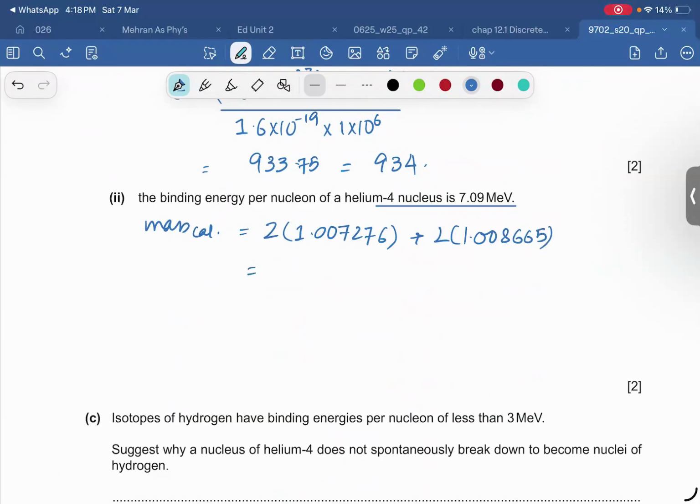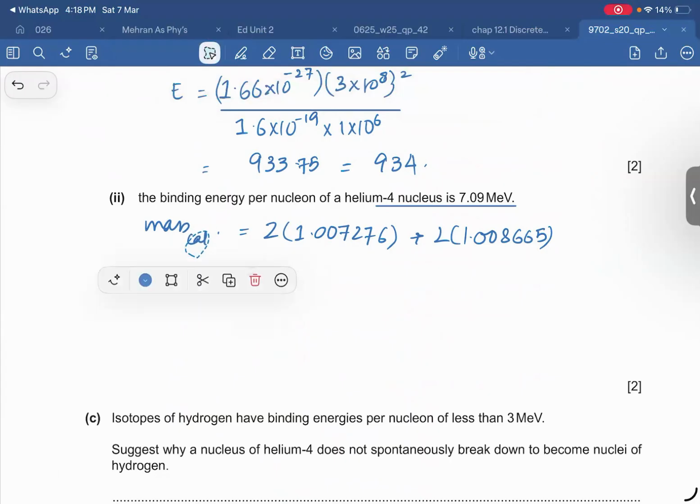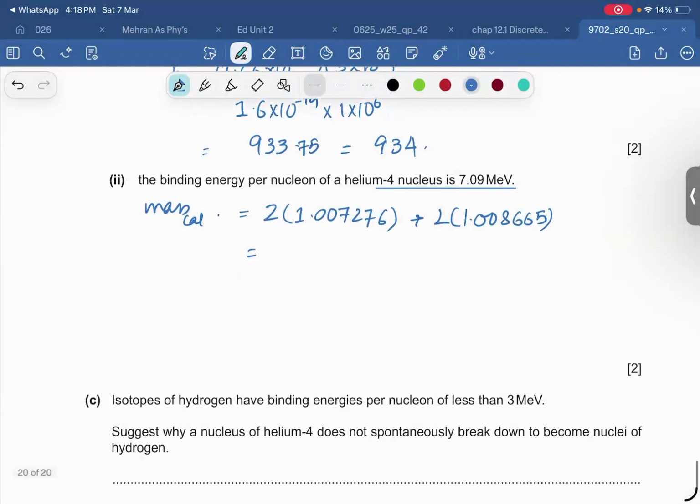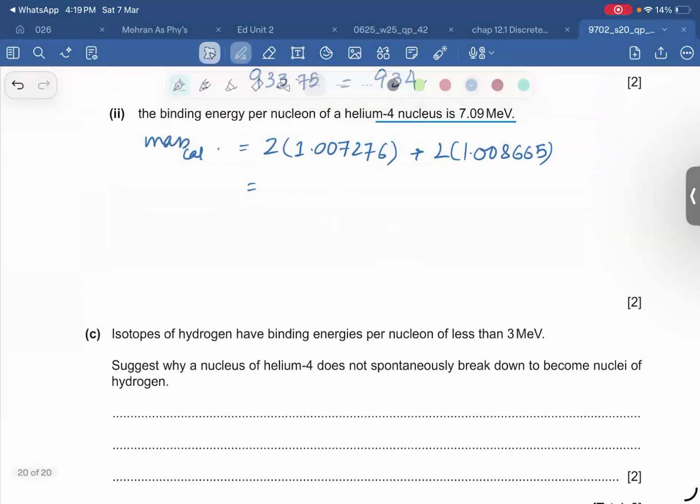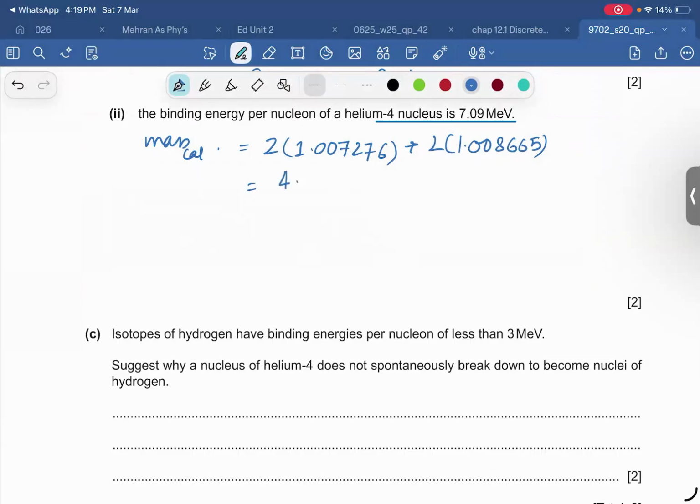Can you please calculate the value? Yes, how much? 4.031882.